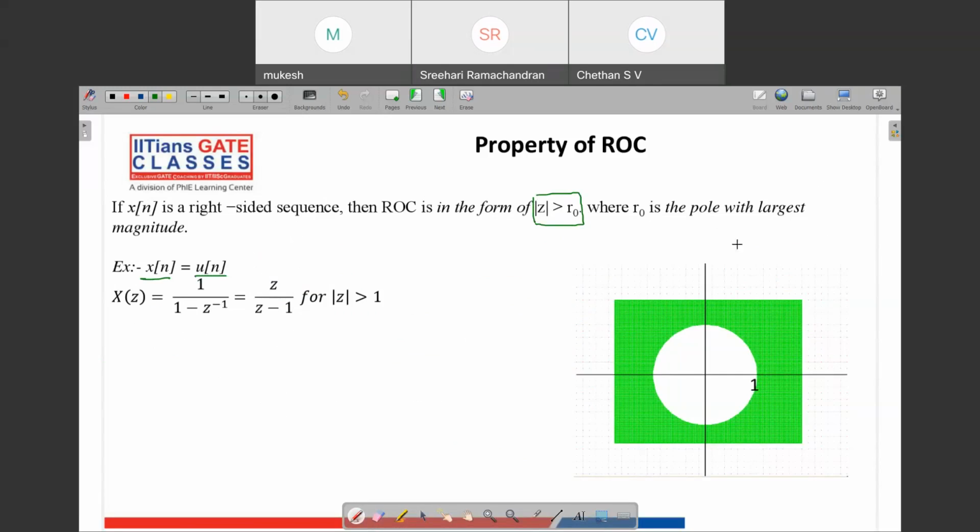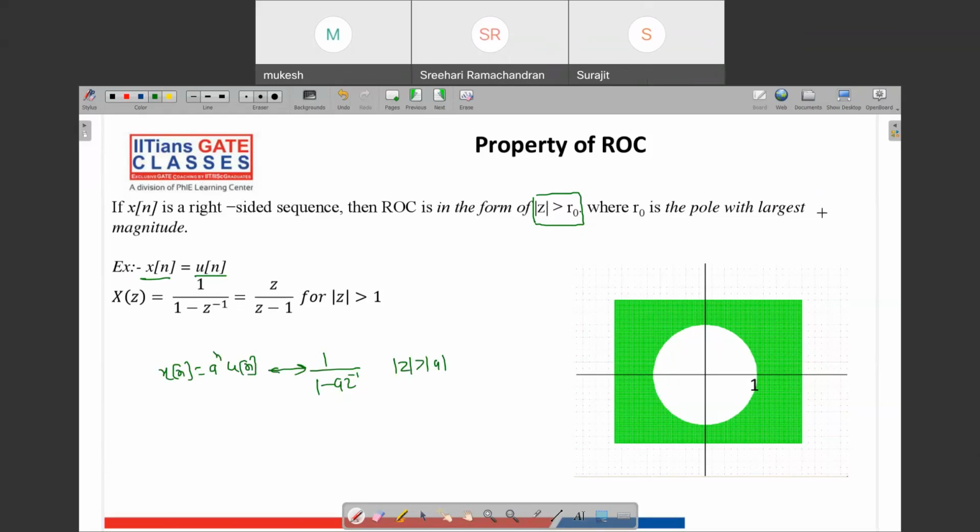For example, if you remember the signal x[n] = a^n u[n], the Z transform of this will be 1 upon 1 minus a z inverse, and the ROC will be mod of z greater than mod of a.